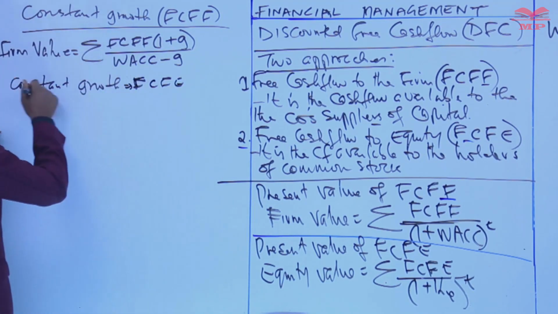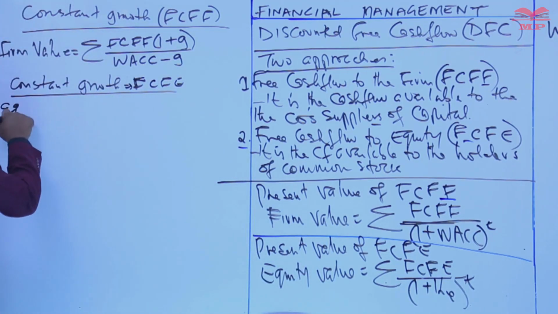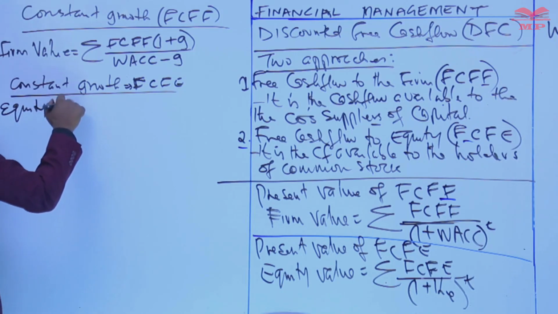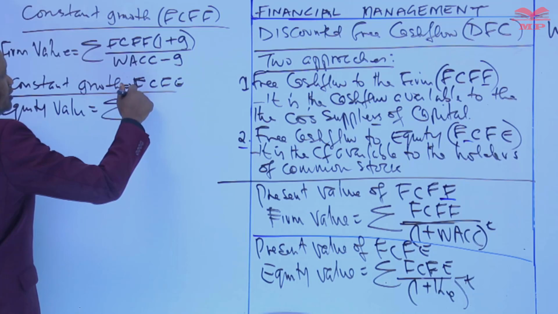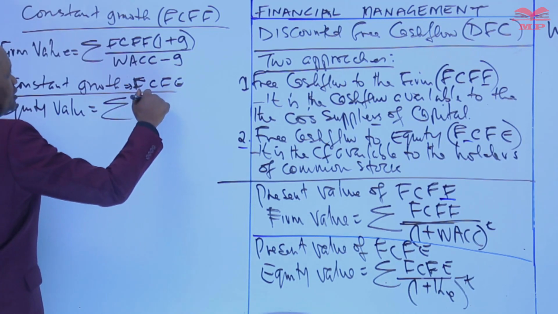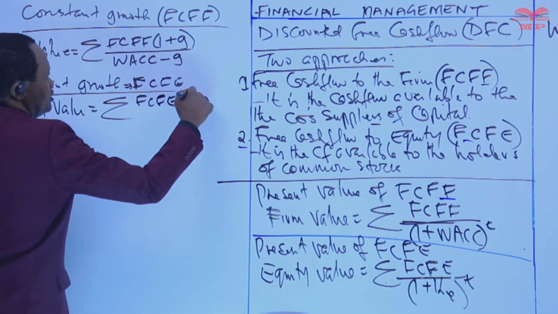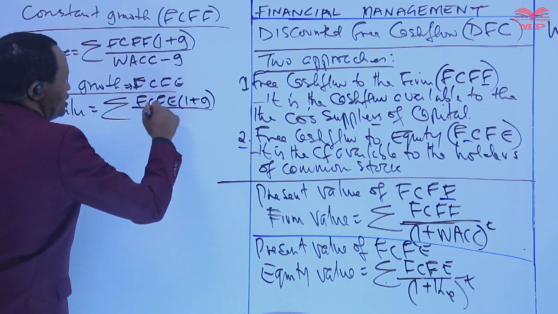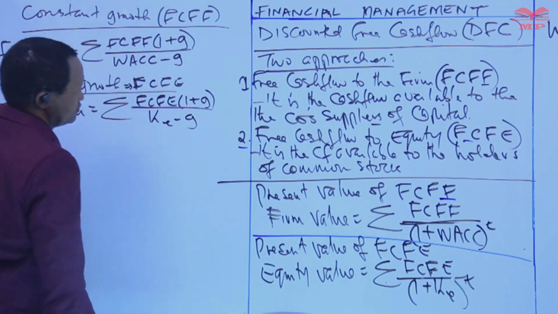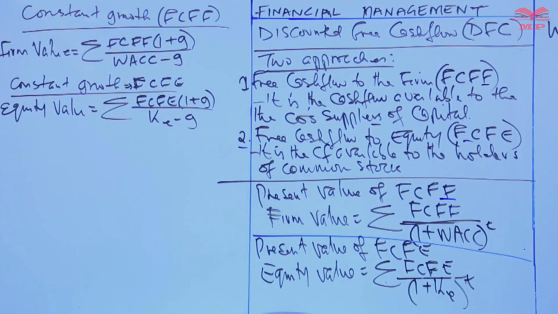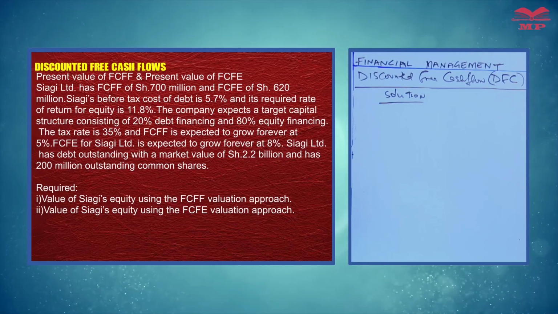Free cash flow to equity, the equity value will be equal to the sum of the present value of the future free cash flow to equity, 1 plus G, divided by KE minus G. And future cash flow to equity of 6. We have to calculate the firm's value.